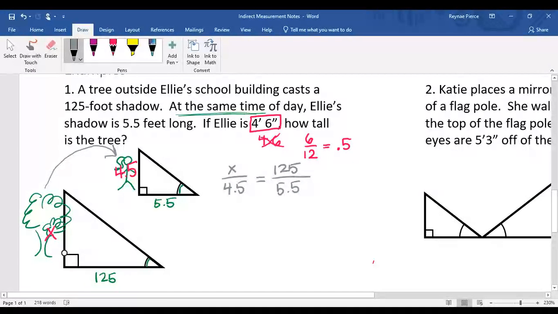And now I'm going to cross multiply. So when I do 5.5 times x, that's 5.5x. 125 times 4.5 is 562.5.